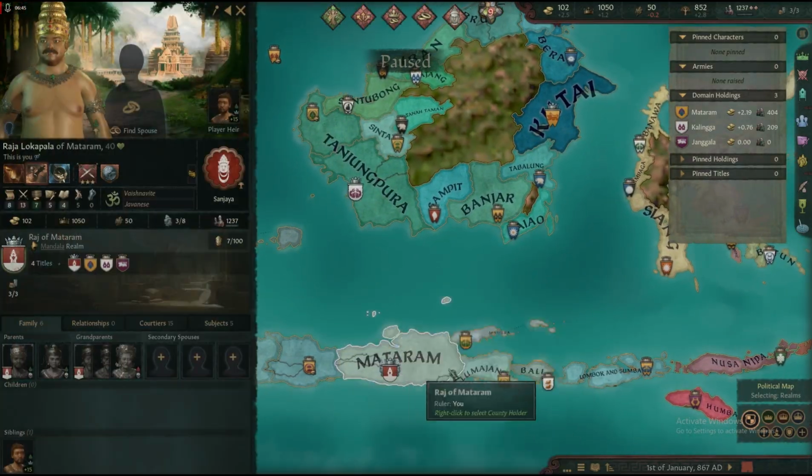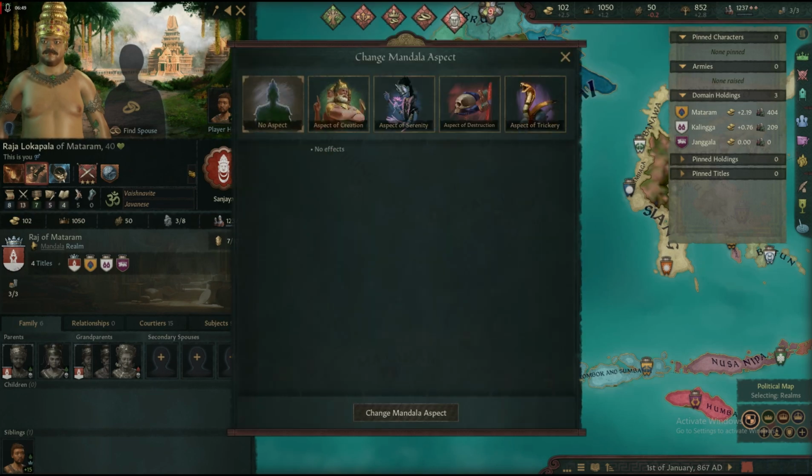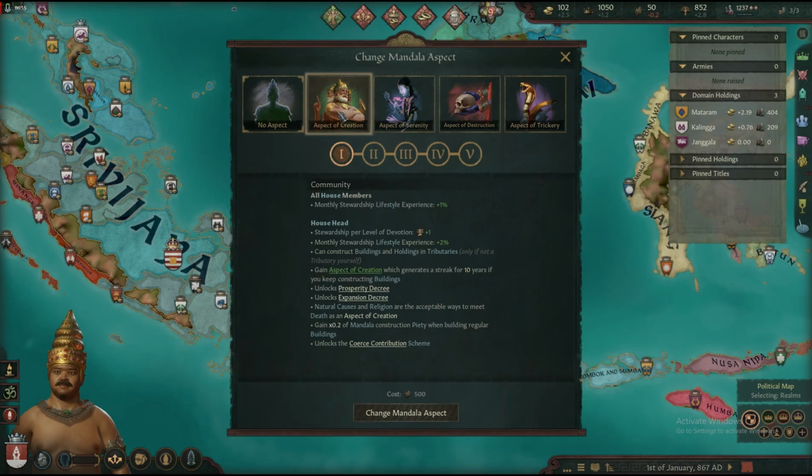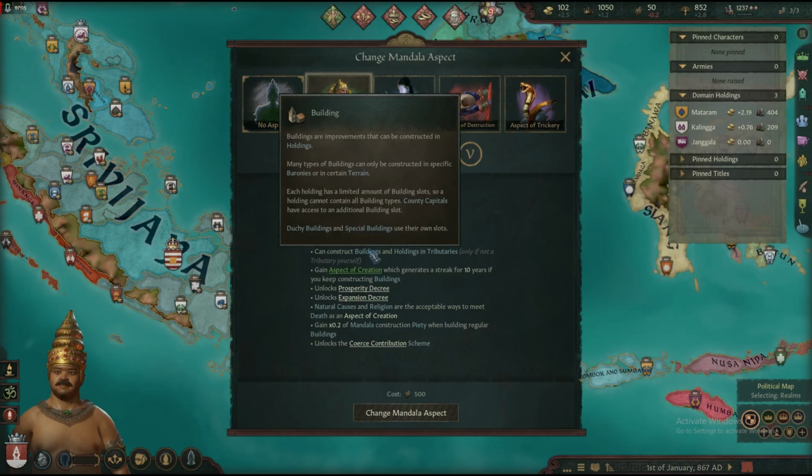So, I don't know if these Mandala aspects change. I would assume not, but if they do change, well, it's probably going to be in a similar vein to what we're going to talk about now. But you need 500 piety to select an aspect in the first place.